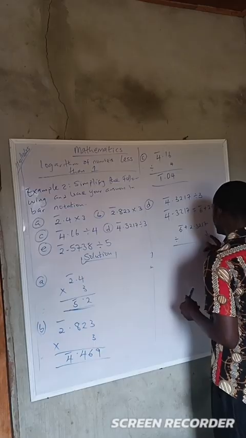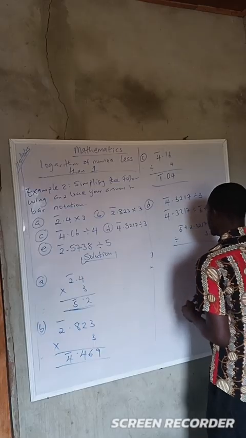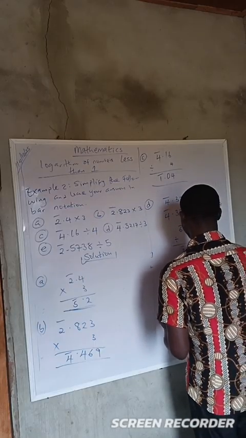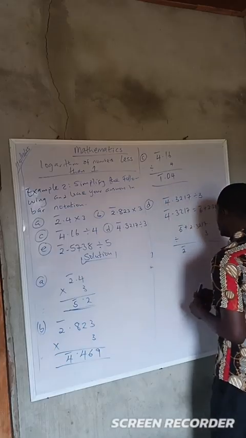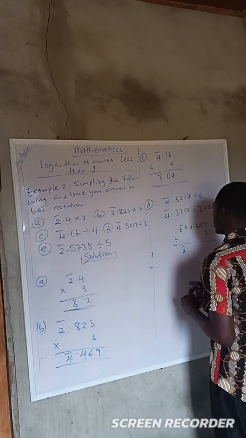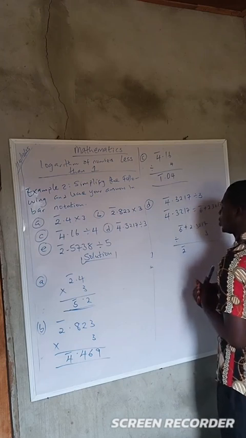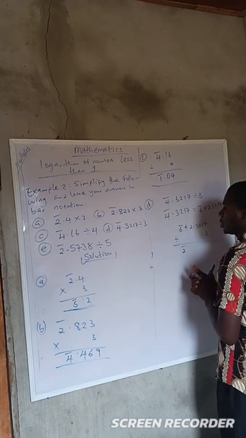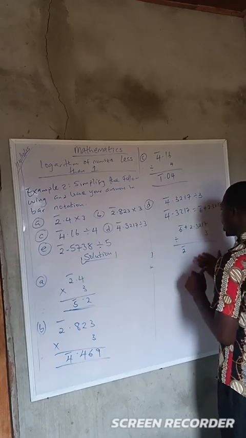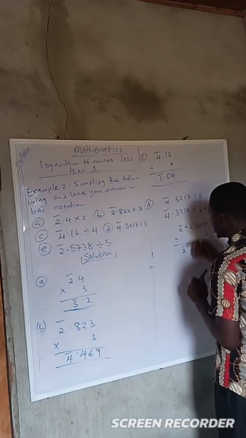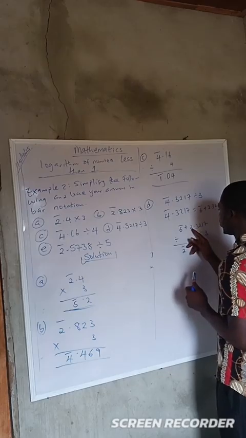Now, how many 3 is 6? So you have bar 2 plus, when you look at it, 3 into 2 is going to be 0. Provided you have done it right, you always get 0 at this first part here.